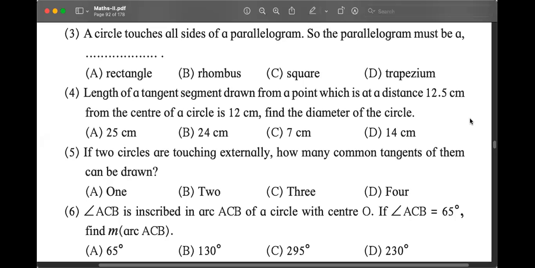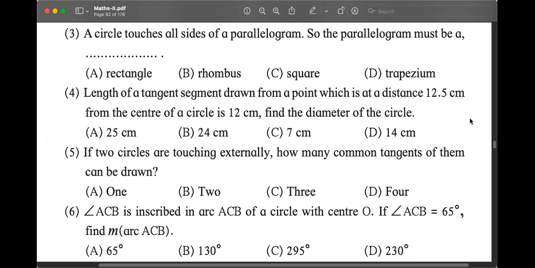Yes. A circle touches all sides of a parallelogram. So the parallelogram must be a... See, we are in the chapter of circles and the question is about quadrilaterals. Why am I saying quadrilaterals? Because parallelogram is a quadrilateral.